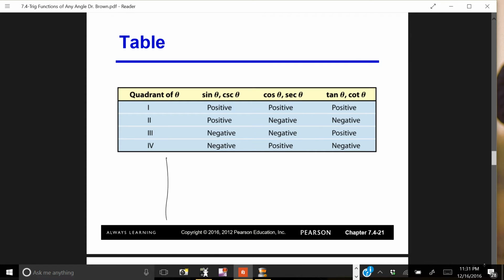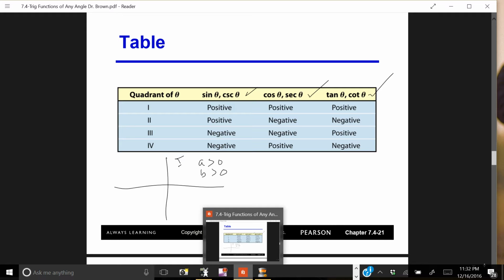Obviously, in quadrant 1, a is more than 0, b is more than 0. So the sine, cosecant, cosine, and secant, and tangent and cotangent, because they're either ratios of b over a or a over b, or a over r or b over r, or the reciprocal, it's going to be positive.